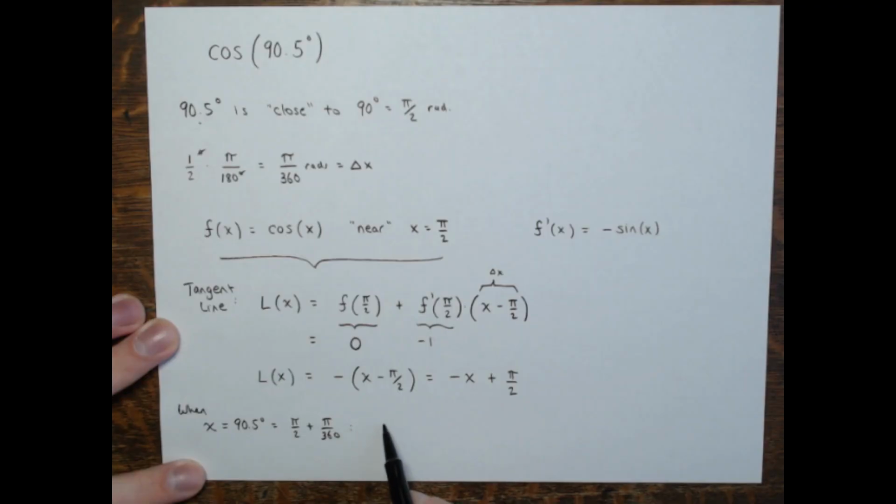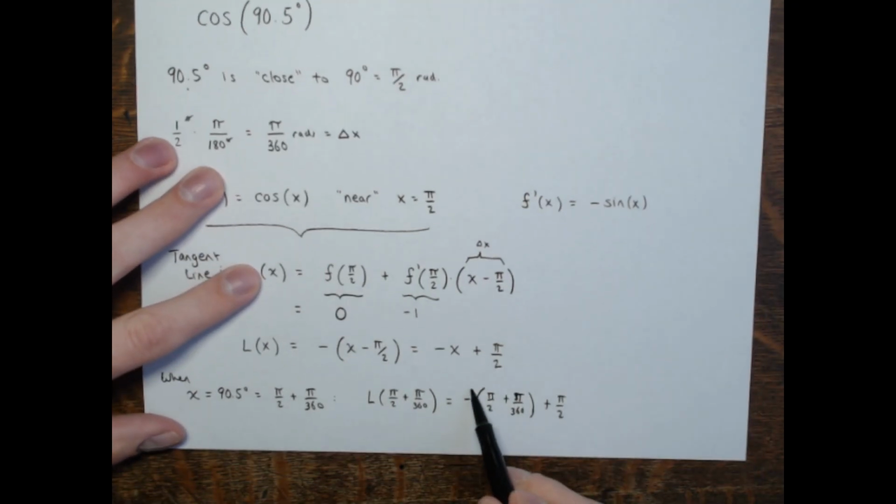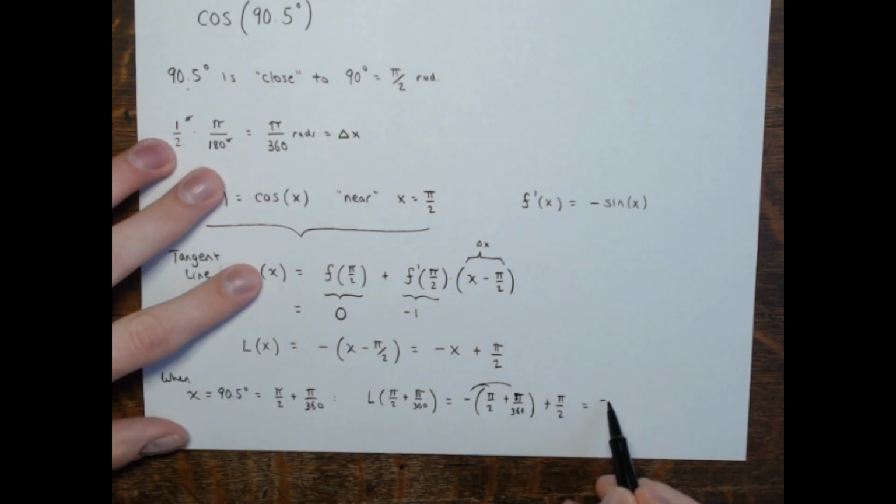So when I plug that in, the value of L, the value of my tangent line at this input, pi over 2 plus pi over 360, will be equal to the following. It's just going to be the opposite of my input, so the opposite of this pi over 2 plus pi over 360, then plus pi over 2 afterwards. That was after distributing the negative. Then I distribute this, take the opposite of this, and you get the negative pi over 2 plus the pi over 2. So we end up with negative pi over 360.